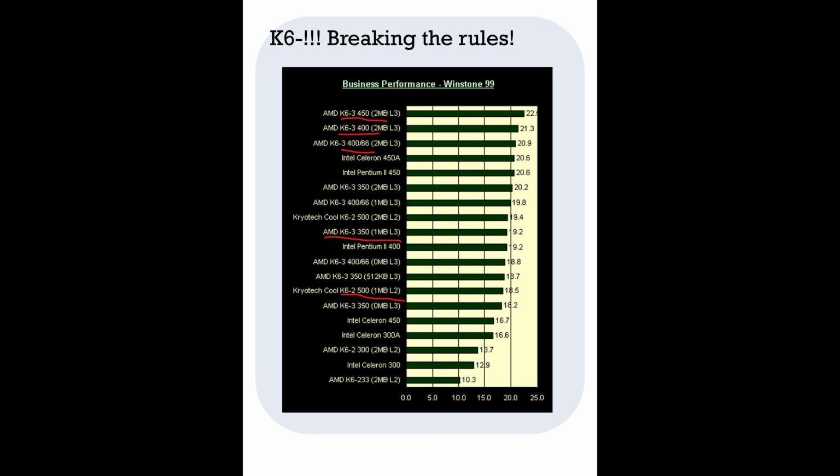So it had a performance bump of around 50%. It would even beat the K6-2 at 500, which was with more cache, level 2, and it was really in its own league.